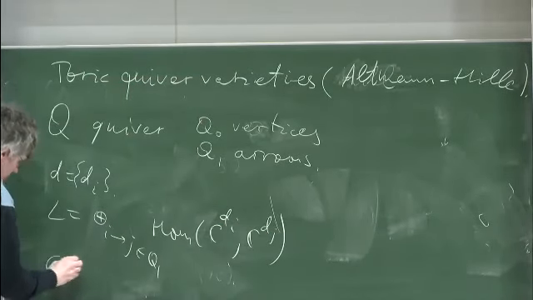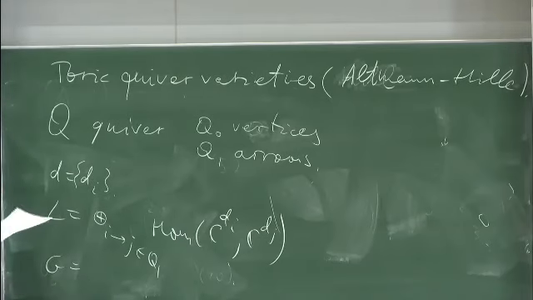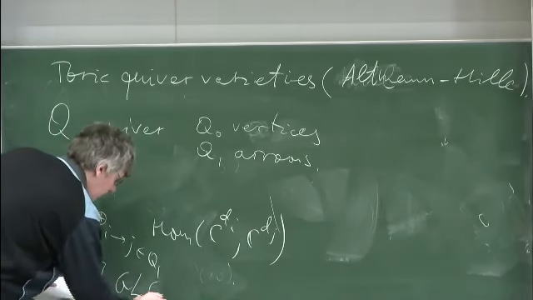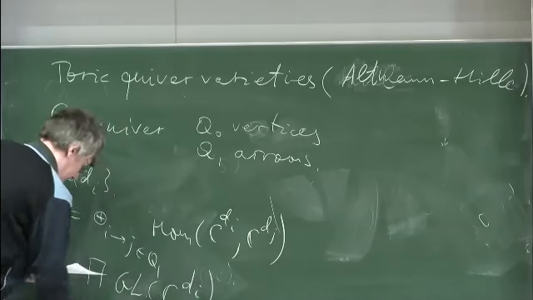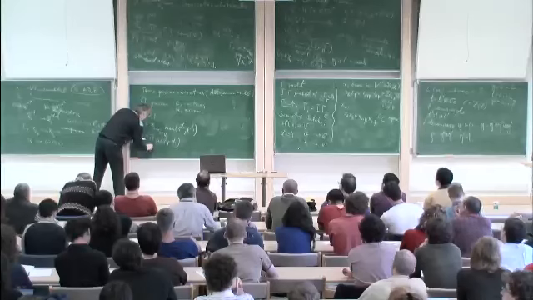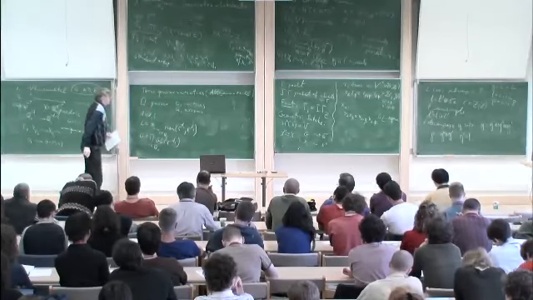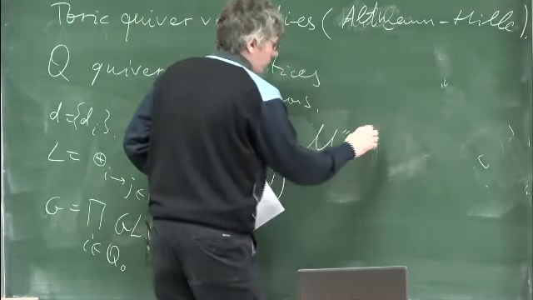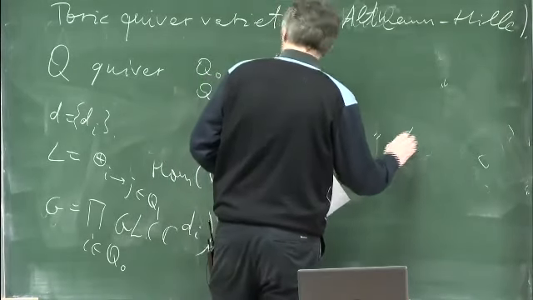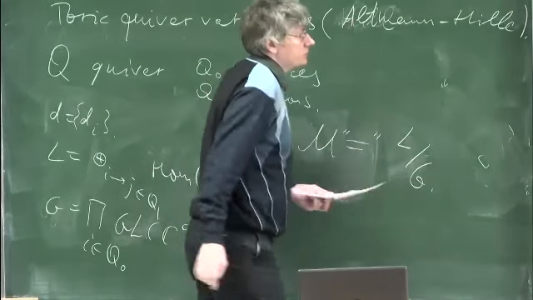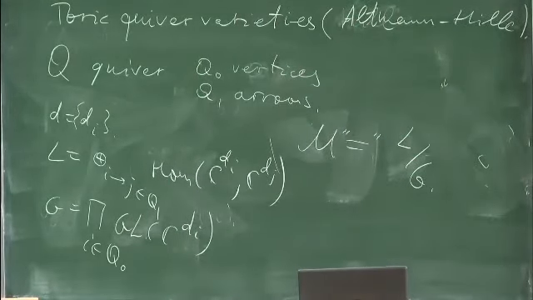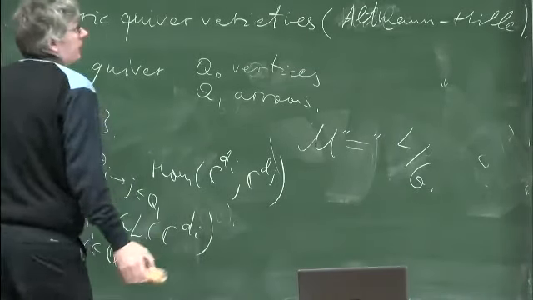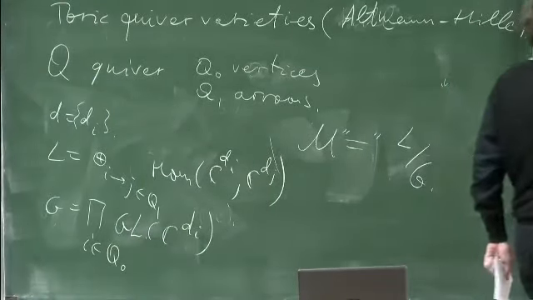And then we have the group G, which identifies isomorphic representations. This group is the product of GL(C^{d_i}), where i is in Q0. So the moduli space of representations, at least morally, is the quotient of L over G. But to make the story more precise in mathematical terms, one needs to introduce a stability condition, and this was elaborated by Alastair King.